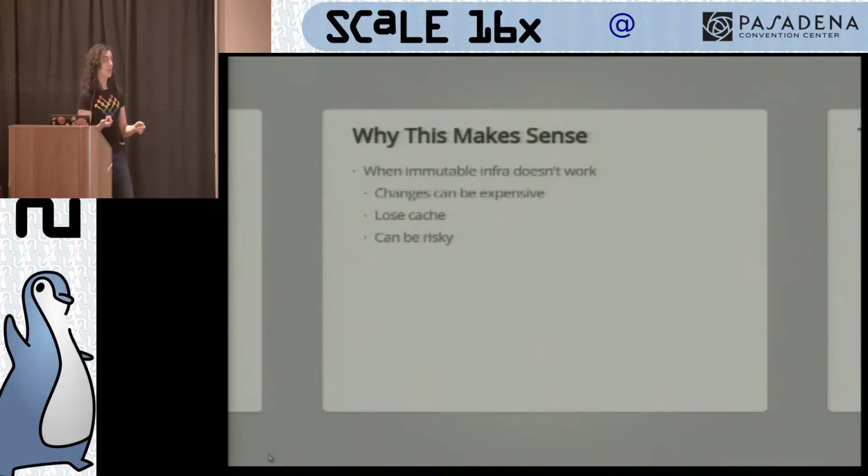But there are also some times where it can be a little bit too brittle and too hard to make changes. So immutable infrastructure might not work for you if you have a large container infrastructure that's really hard to bring down and bring back up. The example that I've heard used is one organization had a new person join and they needed to add their SSH key to several of the containers so that they could interact with the application.